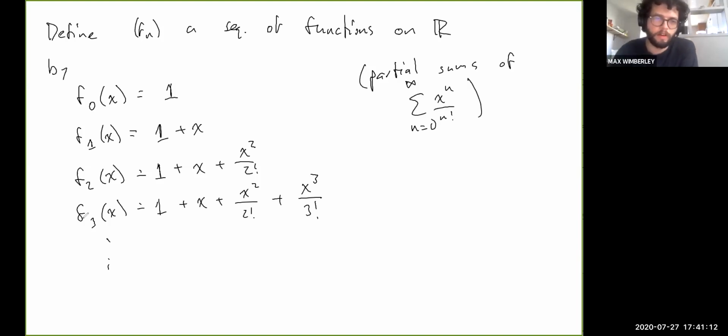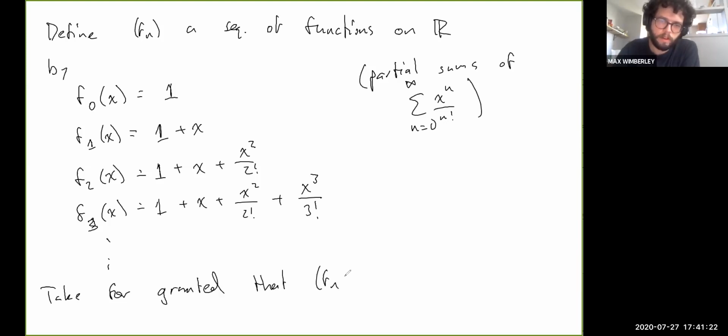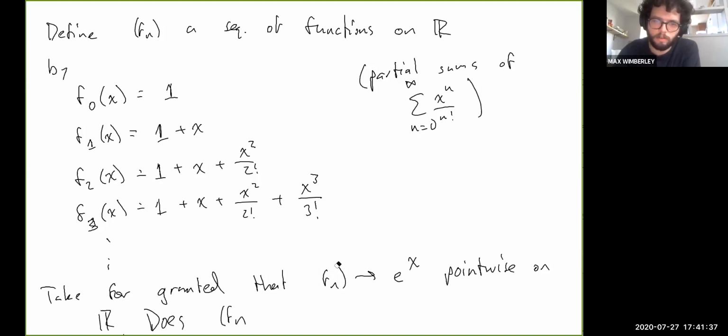Okay, so each of them is a polynomial. And now let's take for granted that Fn converges to e to the x pointwise on R. So does Fn converge to e to the x uniformly on R?